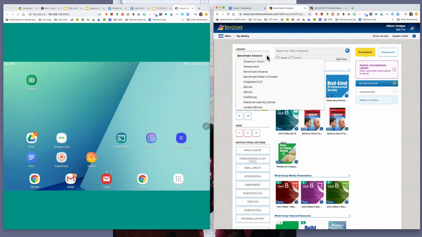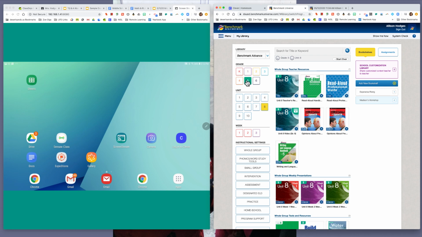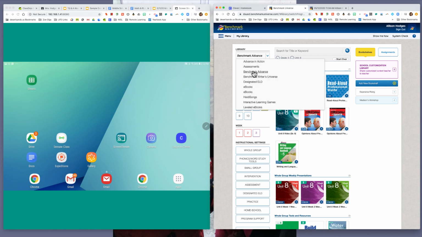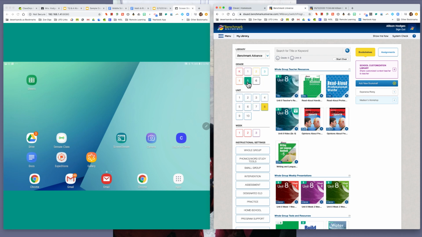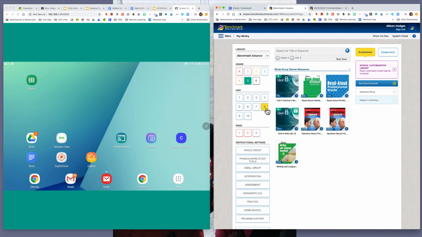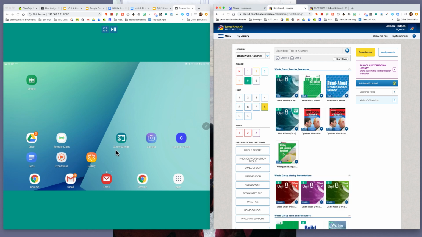On Damien's computer, I noticed that it was not selected for Benchmark Advance. It was selected as ebooks, I think. So you won't see the grade unless you put Benchmark Advance. Then you can click grade 5, then you can click unit 8. So that might be the issue, Emily, so you might want to double check that.